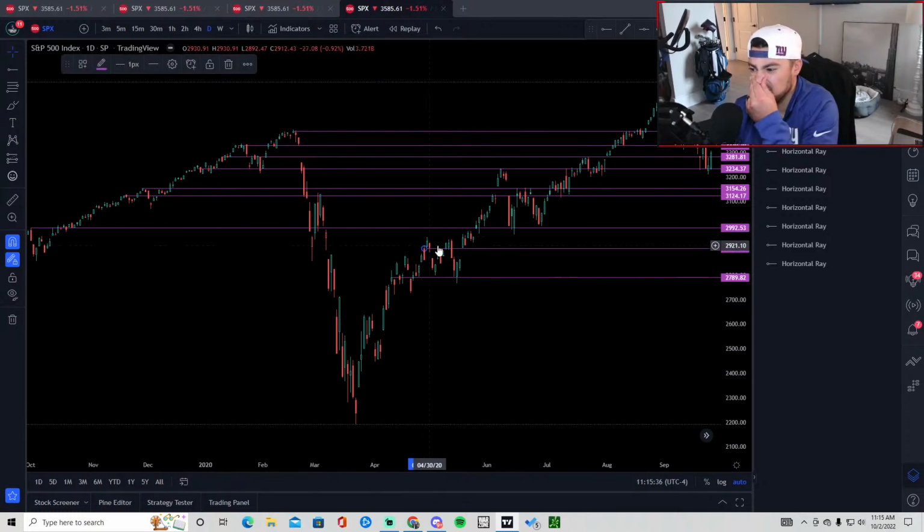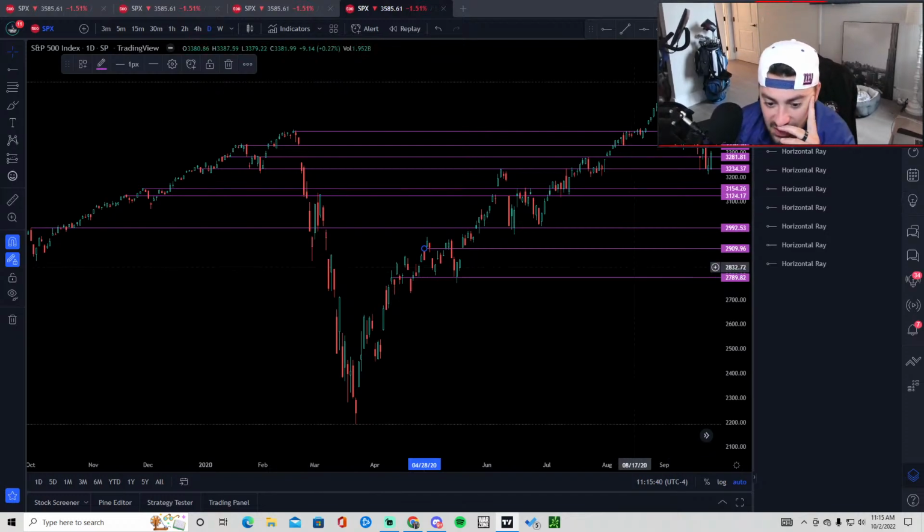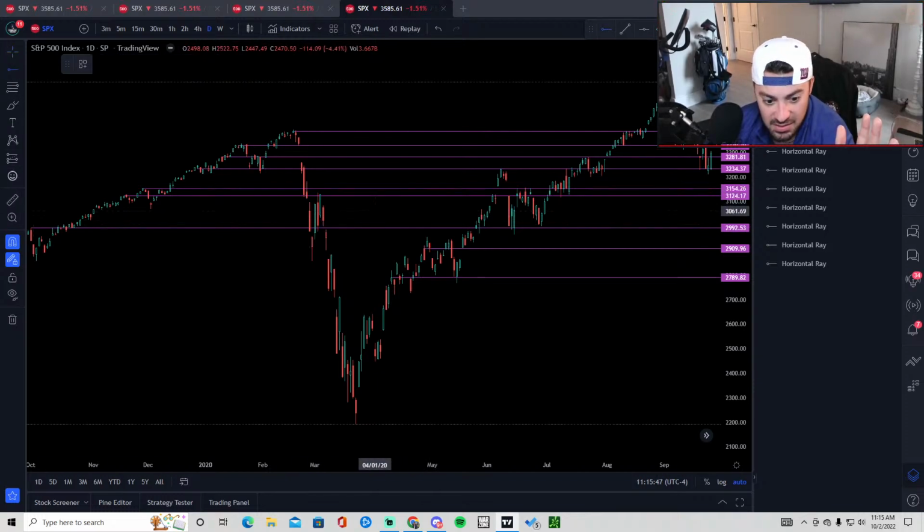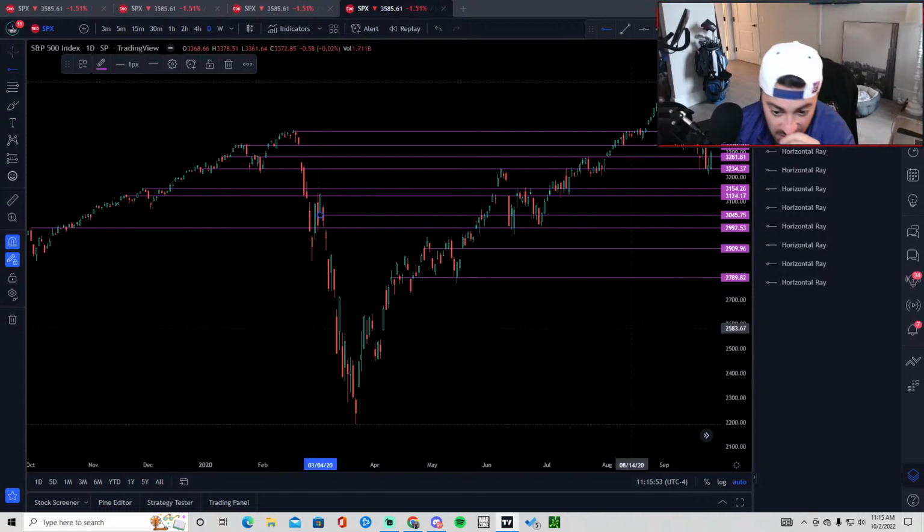But one thing I do try to do is make sure I don't overfill the chart either. You know what I mean? I don't want to add so many lines that it's overwhelming.